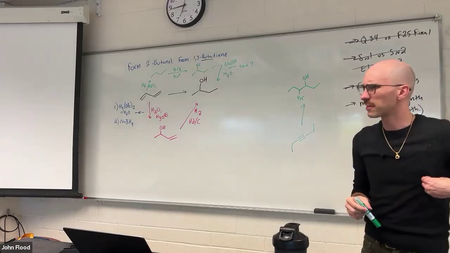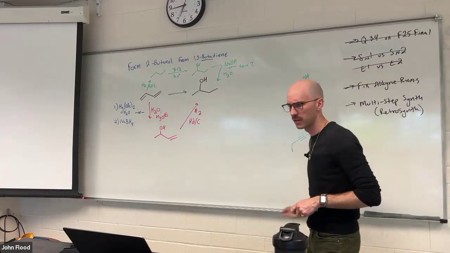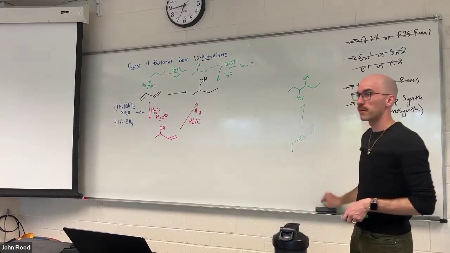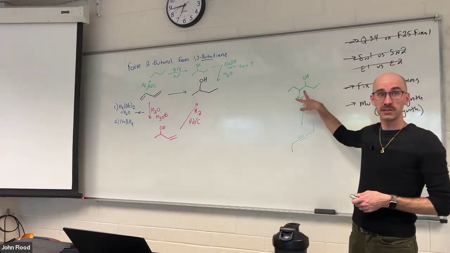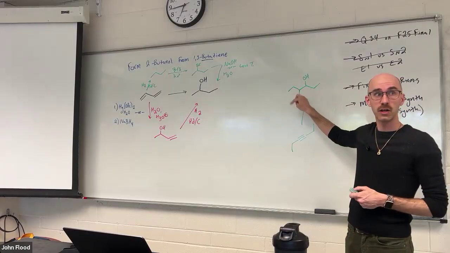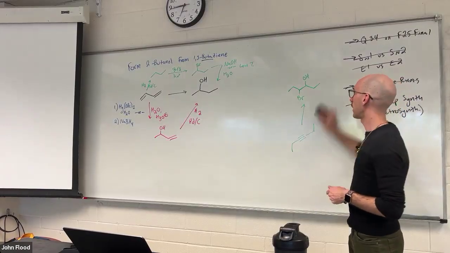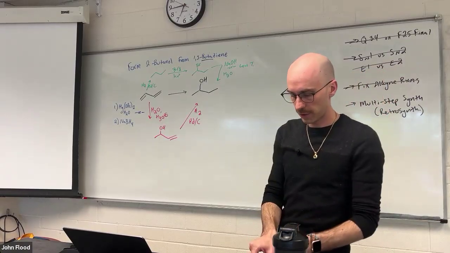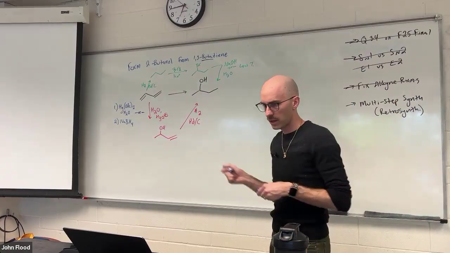Did we do this one together? Yeah, okay, that sounds familiar. And I'll just remind you, vicinal halohydrin indicates that you should try to use an alkene halohydrin addition at some point.